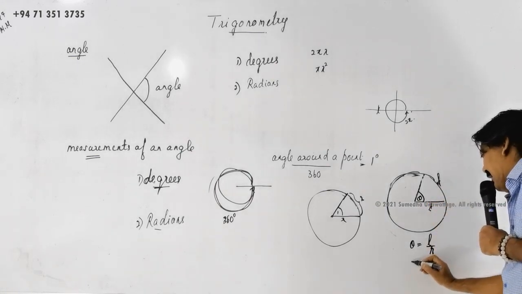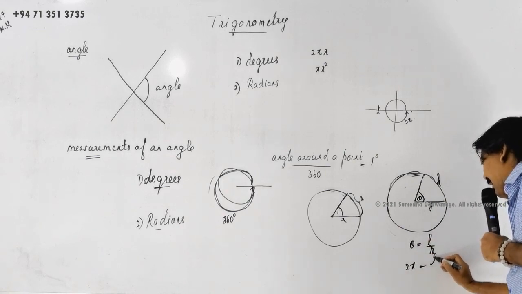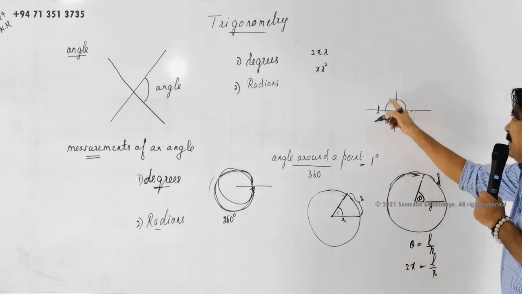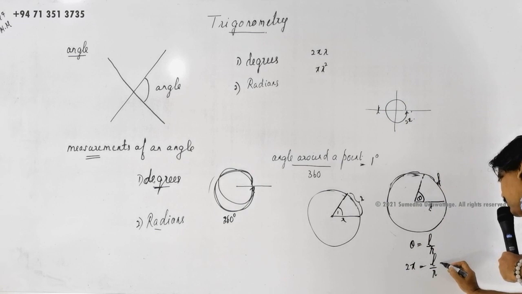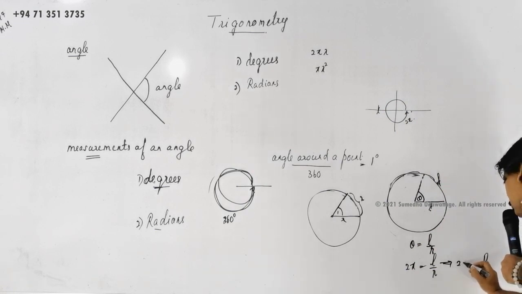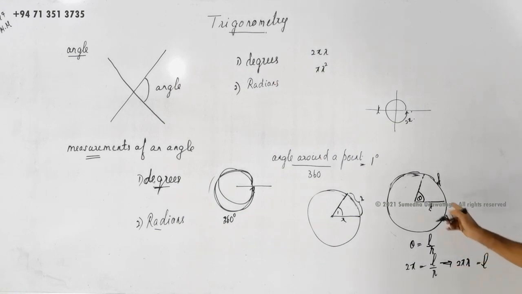If this angle becomes 2 pi, the complete angle, then you get L is equal to 2 pi R. In O-level mathematics, you took this as the circumference, the complete distance around a circle, 2 pi R.